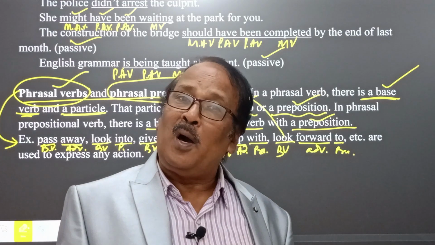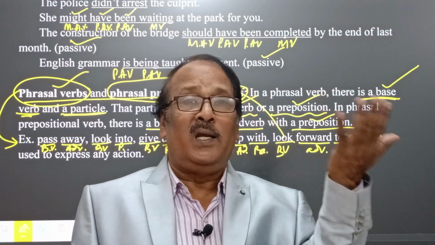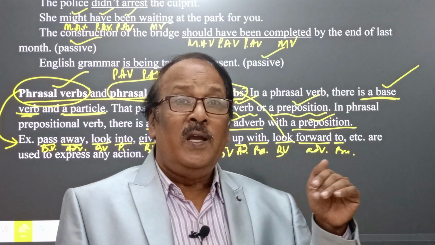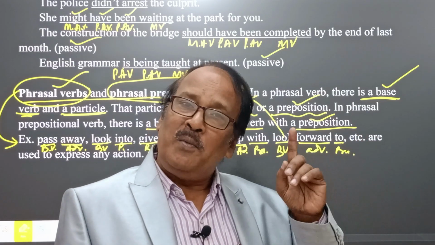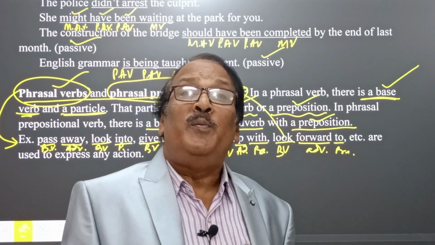In a phrasal verb, we have one base verb and one particle. That particle may be a preposition or an adverb. In a phrasal prepositional verb, one base verb, another adverb, and another preposition.